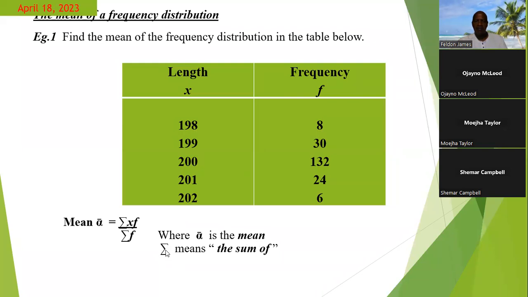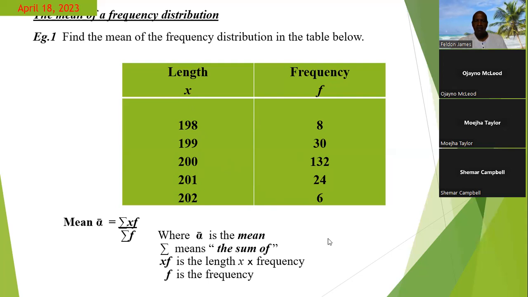And this fancy symbol here means the sum of. And XF means you multiply the length, X, times its frequency. So these are the values of X. You multiply them by their frequency, you get XF. Now, when you sum up all of the XF and you divide by the sum of the frequency, that's how you calculate the mean.